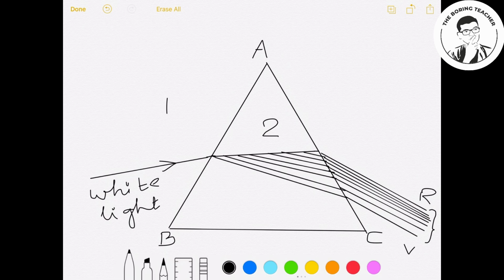Now there are a few things that we need to keep in mind: the dispersion of white light occurs only at the first surface of the prism. The deviation of light occurs at both the surfaces of the prism, and the prism does not produce colors, but it only splits the various colors that are present already in the white light that is incident on it.